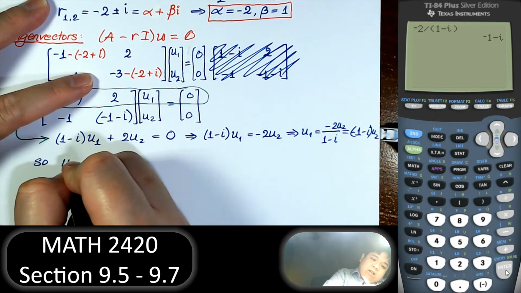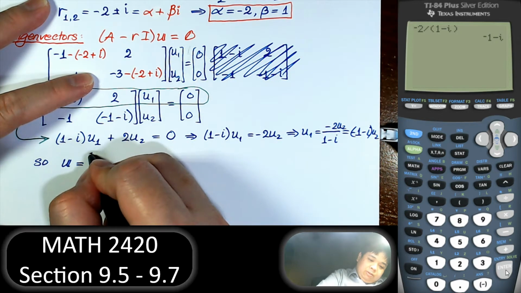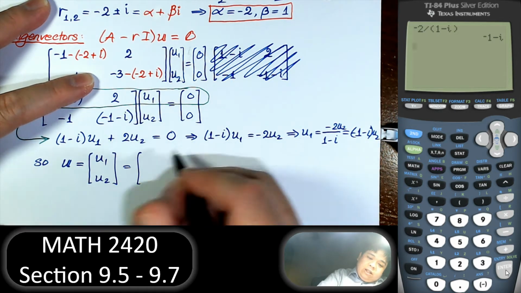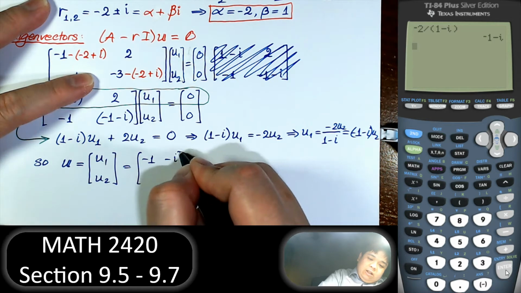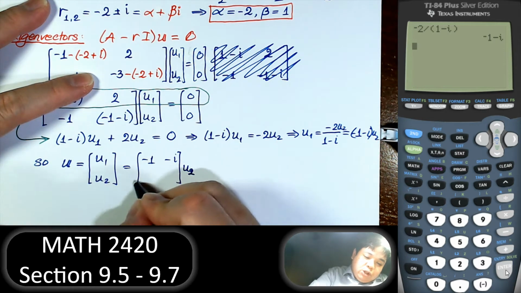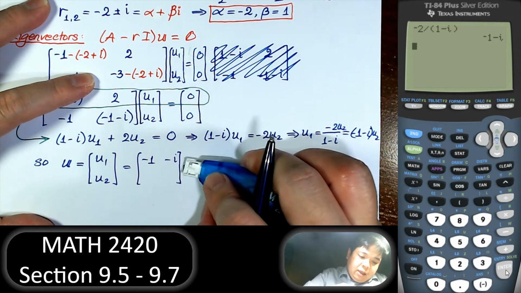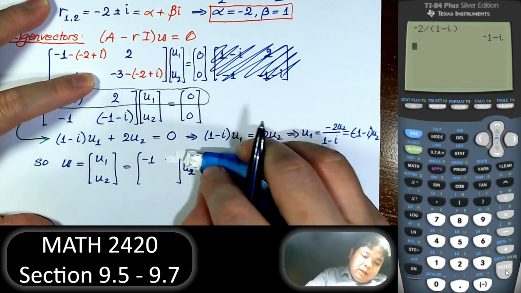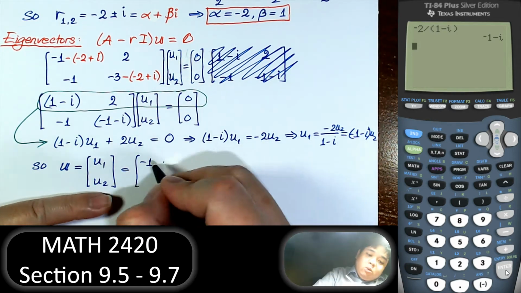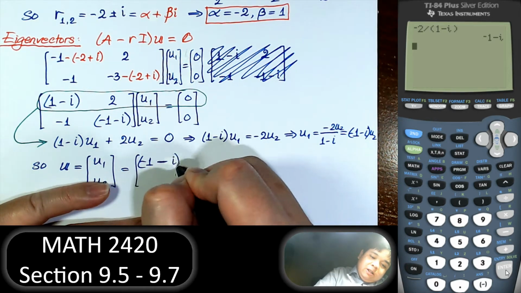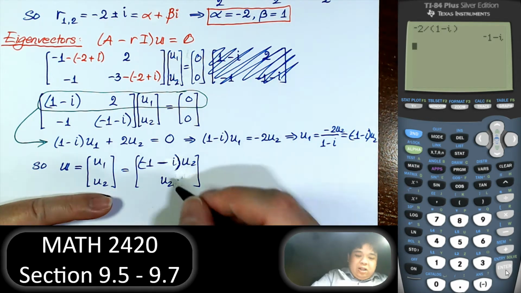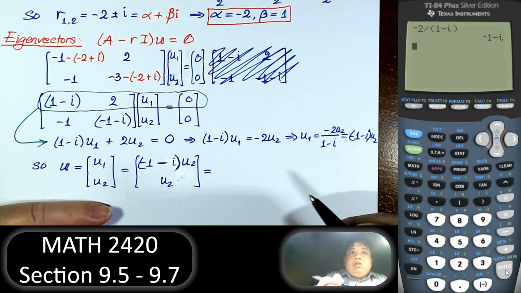We can write u as follows: u1, u2, where u1 is -1 minus i times u2. Factor out the u2, and don't skip that step: -1 minus i, u2, and u2.